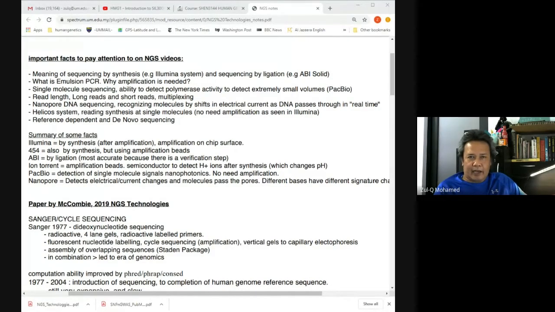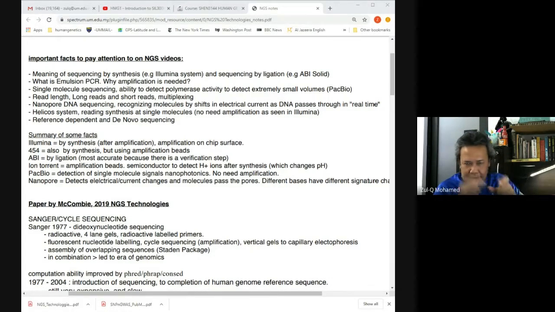Basically, they have improved on detection methods. Remember, Illumina and 454 detect fluorescence, and whatever system they use can only detect after amplification. But for PacBio and Nanopore, PacBio uses nanophotonics.